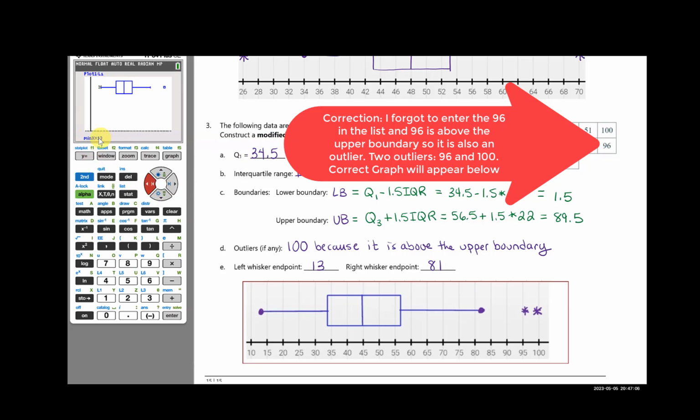My minimum value, that's my 13, that's the whisker. And then coming over to the right, calls that value X, 81, because it's not actually the maximum. It just happens to be the end of the right whisker. The maximum was 100, and that was our outlier. All right, and there you have it, modified box plot.